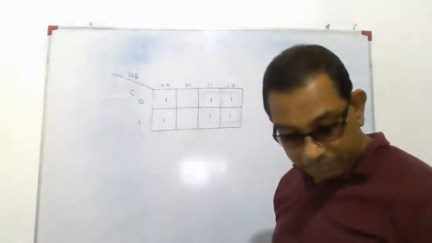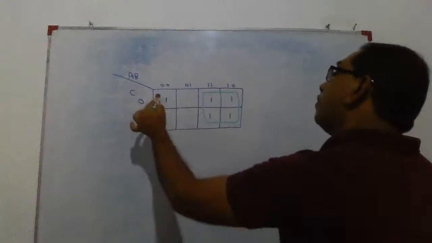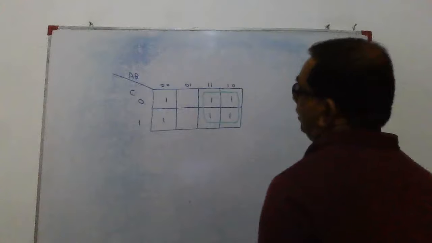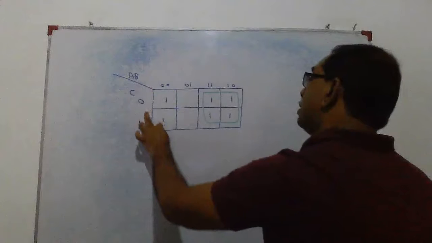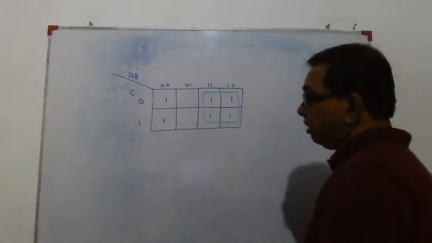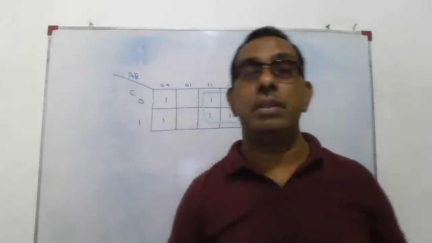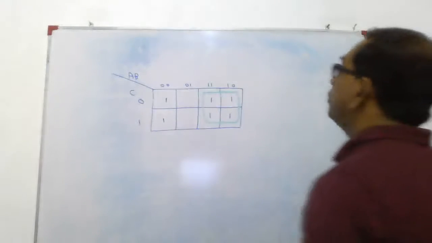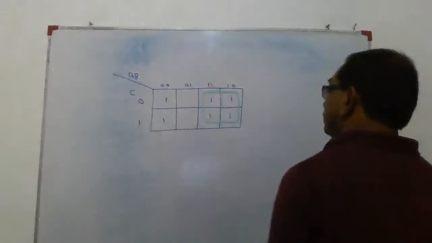Here our rule says if you have cells from left corner and right corner, they can group, left corner or the right corner, top or bottom. So there is a rule there. Left and right and top and bottom cells can be joined. So there you have a chance to make a group by joining these 2 and these 2.